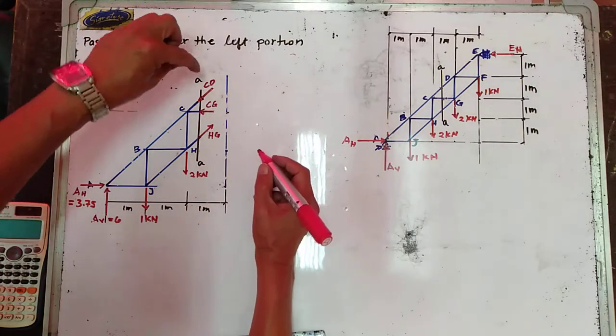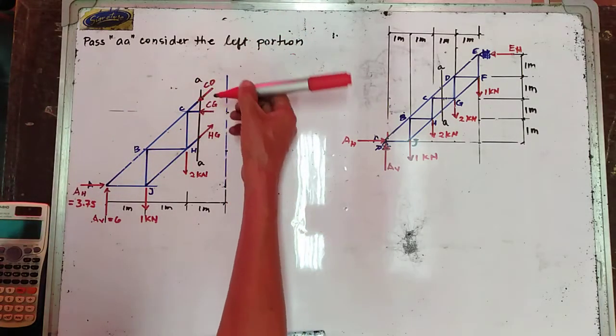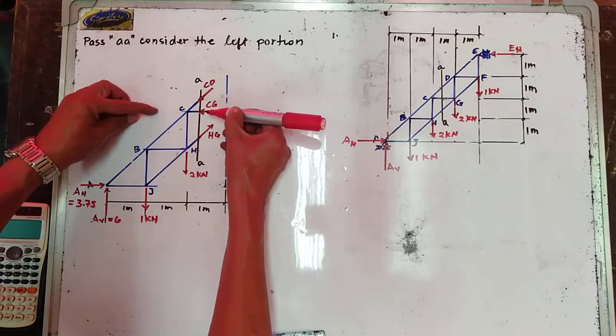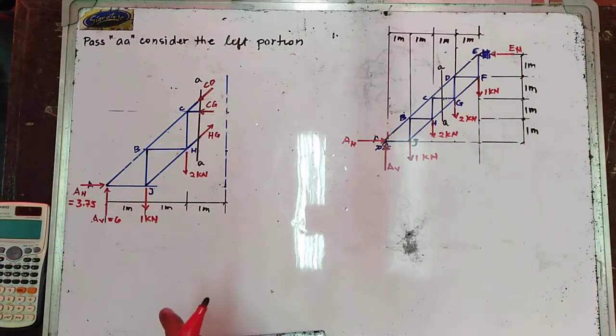So, this is now the cutting plane AA. This is the force exerted by CD, this is the force exerted by CG, and this is now the force exerted by member HG.